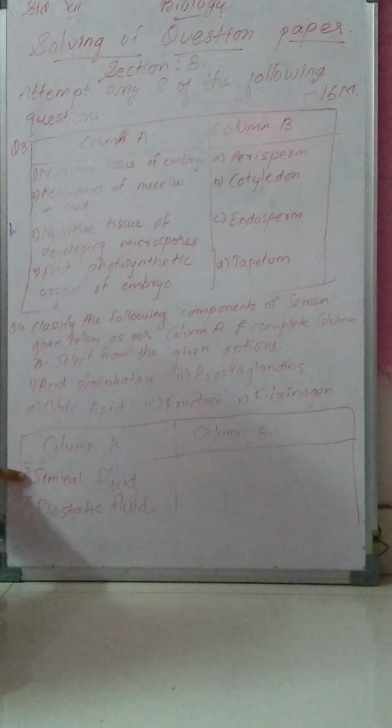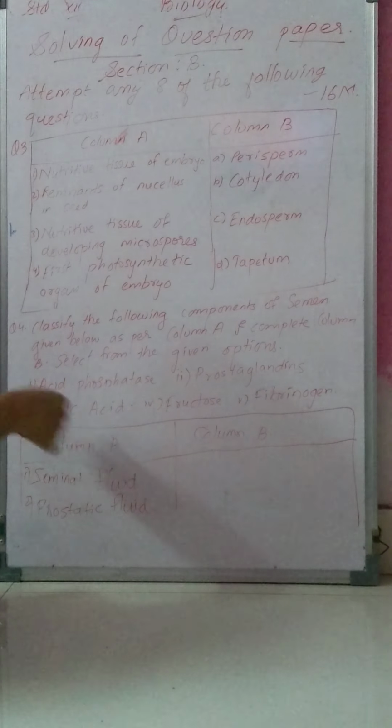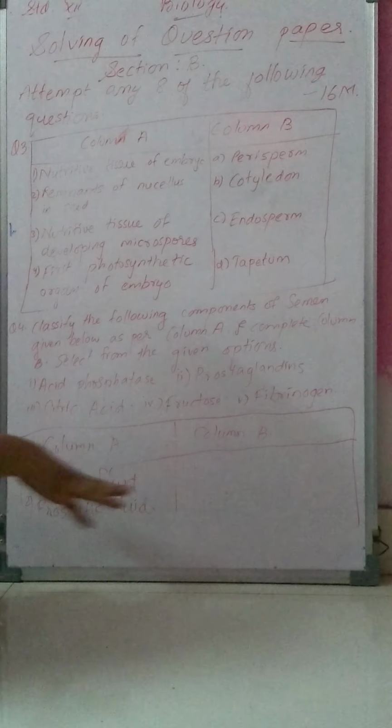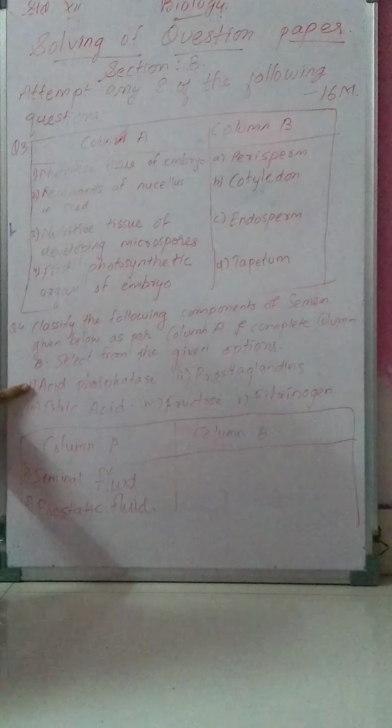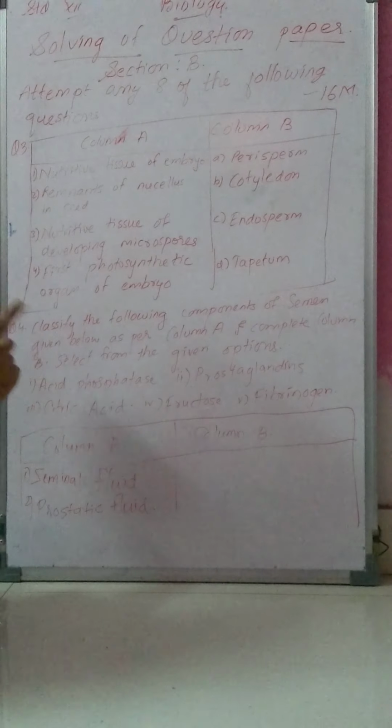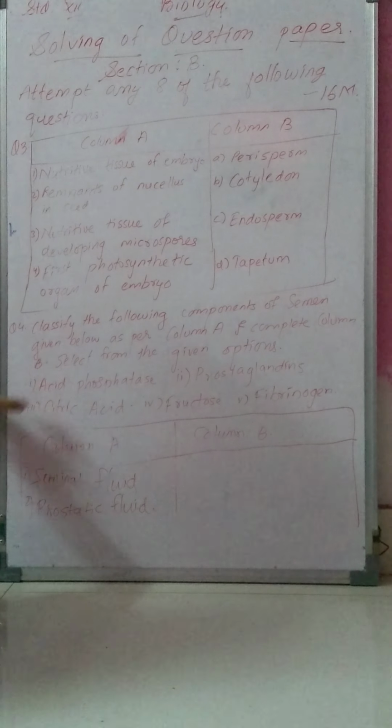Column A is seminal fluid and prostatic fluid. So you have to classify these five into which column each fits. For example, acid phosphatase, second is prostaglandin, third is citric acid, fourth is fructose, and fifth is fibrinogen.